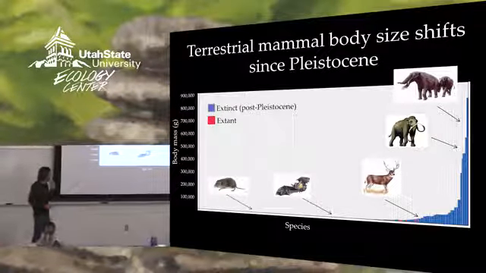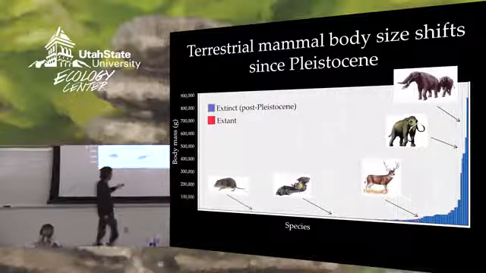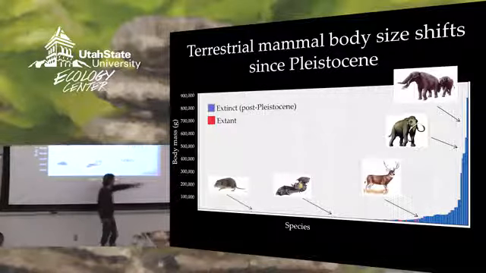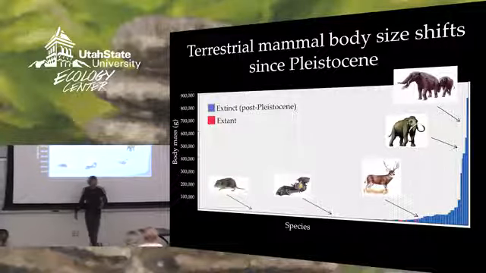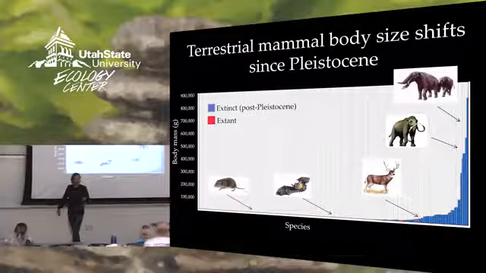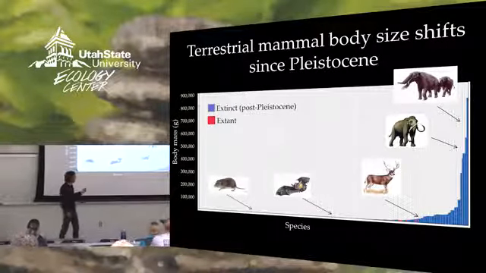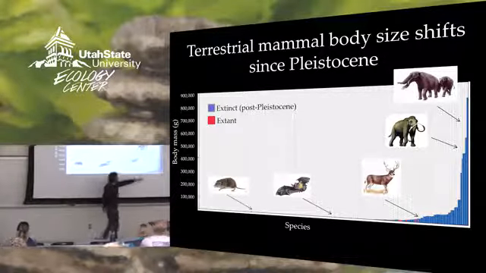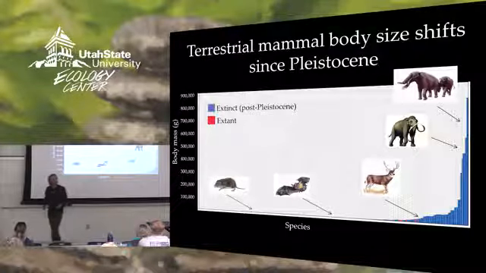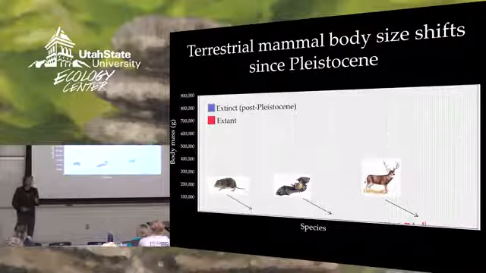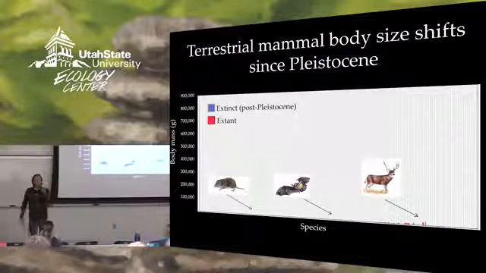So I've coded them here in color in two different ways. In this mammal assemblage, we have species in blue that were here in the West during the Pleistocene and went extinct, no longer with us. We have in red species that were here in the West during the Pleistocene and are still hanging on. So if we kick out the species that have gone extinct, look what happens to that portrait of body size, right?